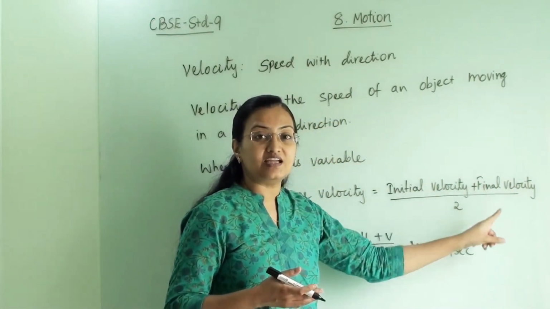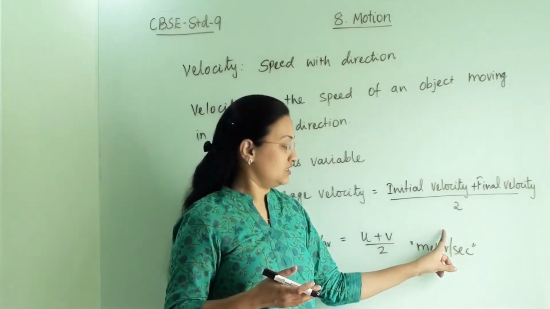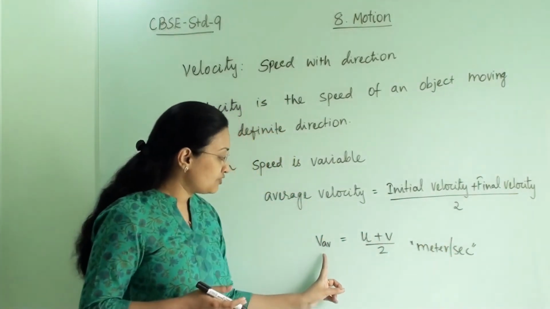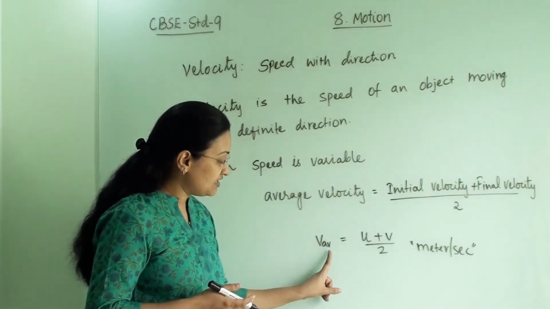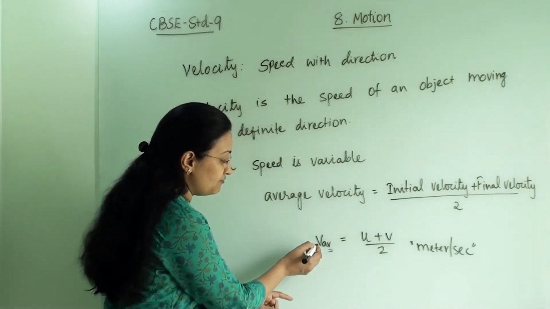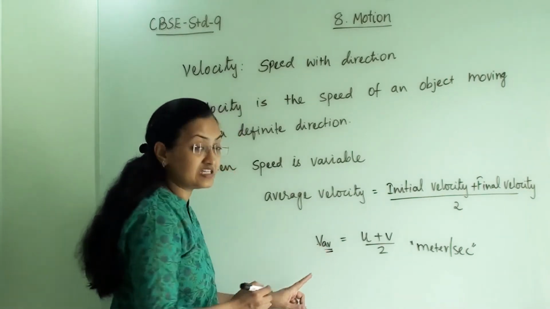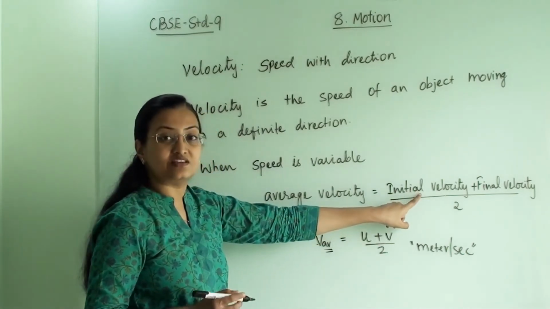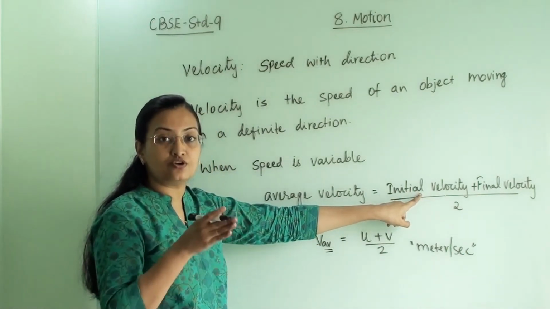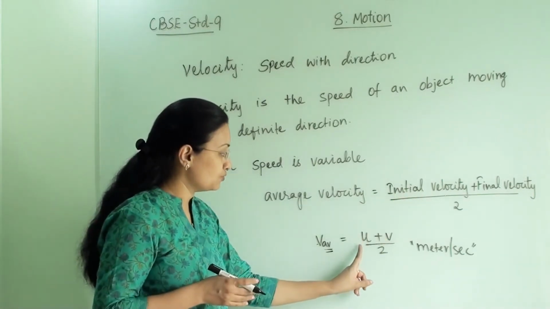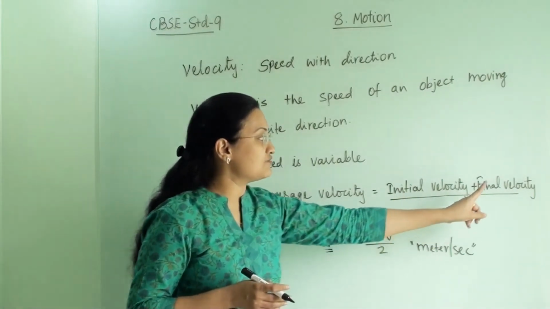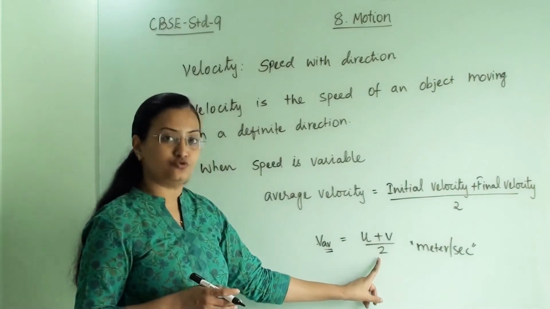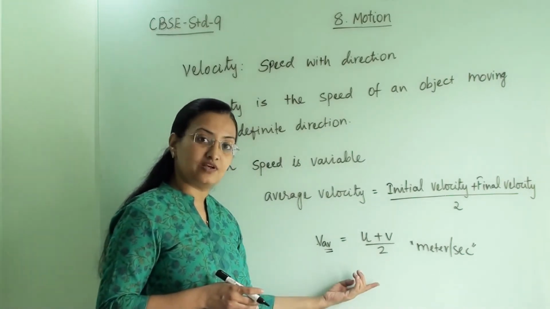So this we are taking as the average of the velocity. We can also write it like this: V_AV, where V is velocity and AV suggests average, equals (U + V)/2. U is always referring to initial velocity, and V is final velocity. So that is our average velocity.